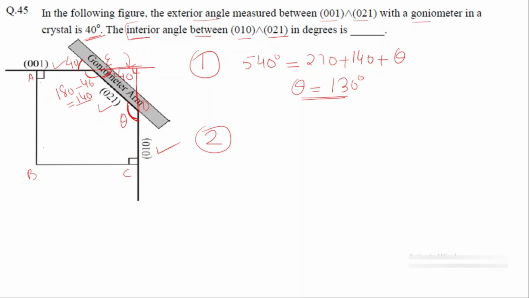Now if this angle is 40 degrees here and this is 90, again this angle will become 50 degrees because the sum of a triangle's interior angles is 180 degrees. Now if the exterior angle between these two planes, the planes which are being asked, is 50 degrees, needless to say the interior angle will be 180 minus 50, that is again 130 degrees. So you could do it that way as well.